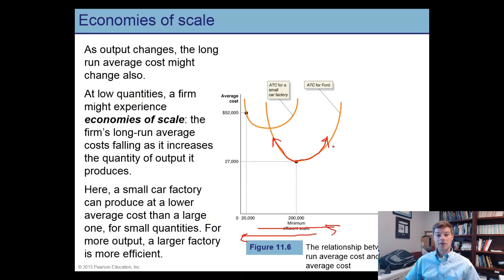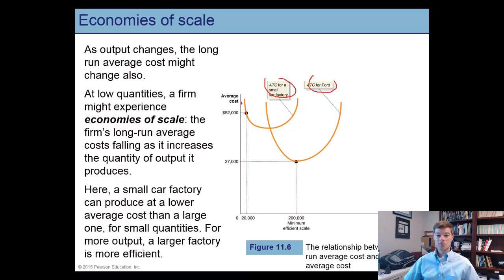In the long run, however, all inputs become variable, and so it's possible for the firm to change the quantity of the inputs that had been fixed in the short run. In this example, that would mean it's possible in the long run for the firm to move from one factory size to another factory size.